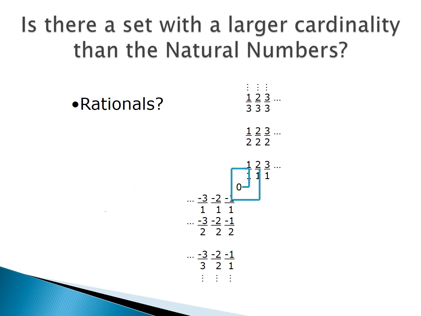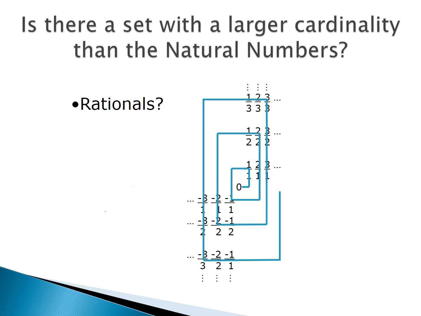And then I'm going to pair 3 off with 2 over 1, 4 with 2 over 2, 5 with 1/2, 6 with minus 2, 7 with minus 2 over 2, 8 with minus 1/2, and then 9, 10, 11, and then I just continue this kind of square spiral shape that we're doing, and realize that I can pair a natural number with every number of the rationals if I keep making this spiral bigger and bigger and bigger.